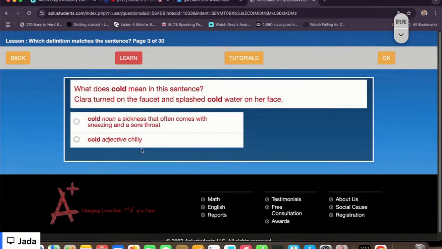So what does cold mean in the sentence? Cloud turned on the faucet and splashed cold water on her face. So is it the noun or adjective? Chilly, or sickness that often comes with sneezing and a sore throat?